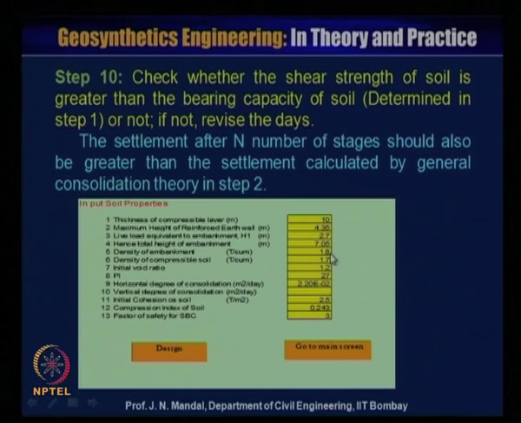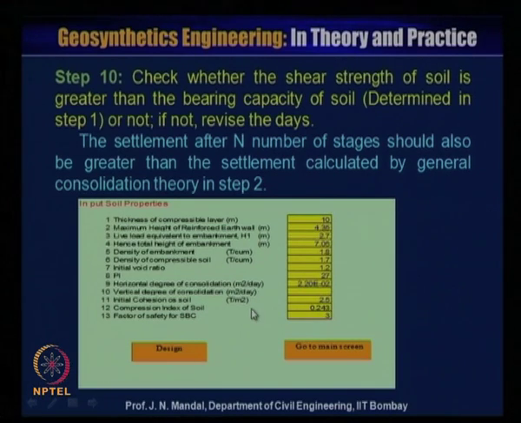Density of the embankment is 1.8 ton per meter cube, density of the compressible soil is 1.2 ton per meter cube, initial void ratio 1.2 and plasticity index 27. Horizontal coefficient of consolidation is 2.2 into 10 to the power minus 2 meter square per day, and vertical coefficient of consolidation is 2.5 meter square per day.